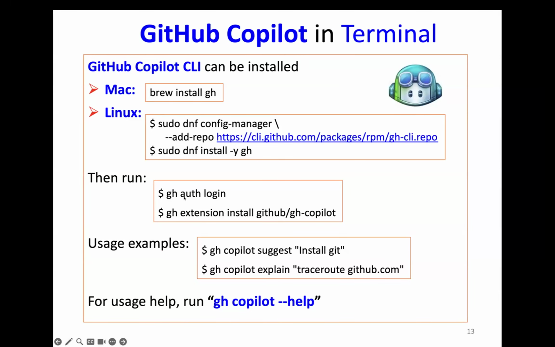After that, run the application and authenticate your GitHub account, then add this extension. After that extension, you can run gh copilot suggest or gh copilot explain. For more help, run gh copilot --help. Yes, that's it.